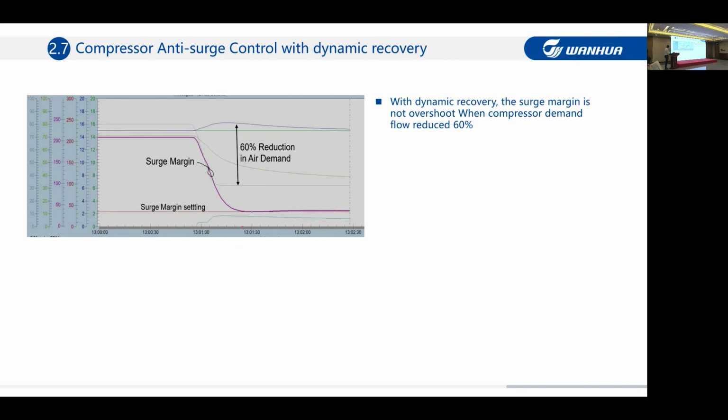The next slide shows the antisurge control with dynamic reset implemented. You can see the same 60% demand flow reduction does not cause the surge margin to overshoot.